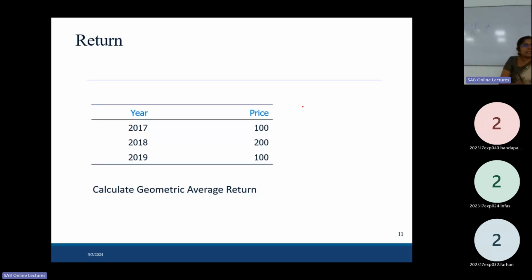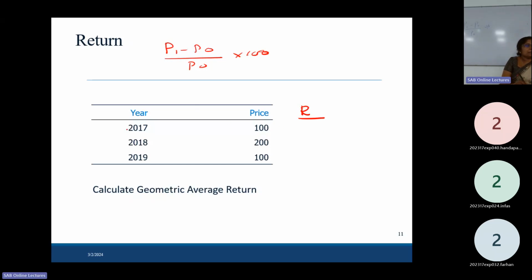So now calculate the annual return here. The formula for return is P1 minus P0 divided by P0 into 100. No dividends, so you can use only the price appreciation part.